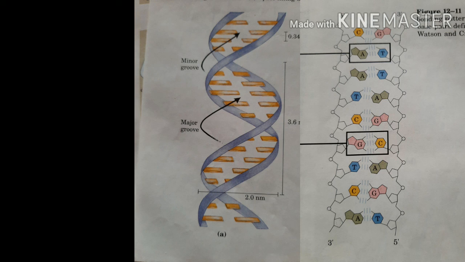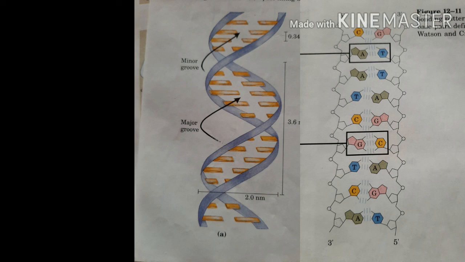That means A equal to T in any given species, and the number of guanine is equal to the number of cytosine residues. That means G equal to C. This relationship proves that the sum of the purine residues, means A plus G, is equal to pyrimidine residues, means T plus C.